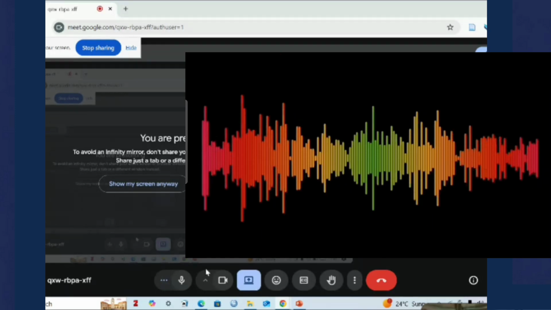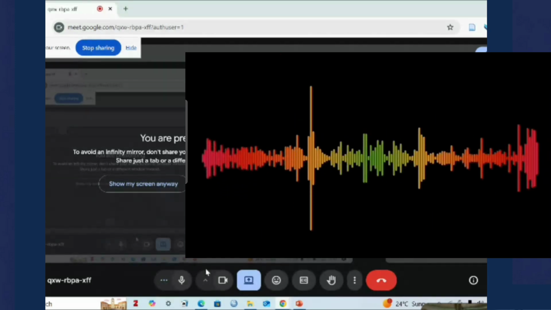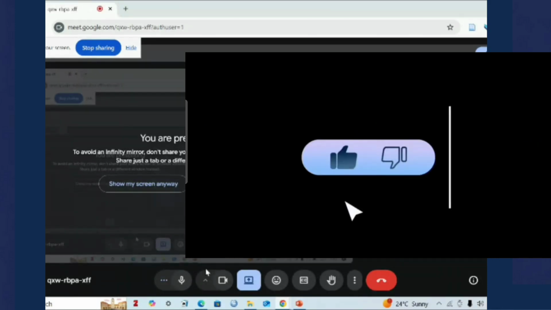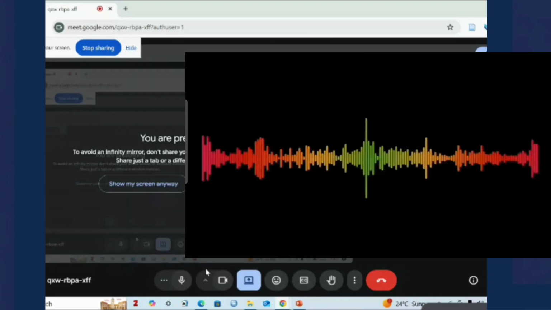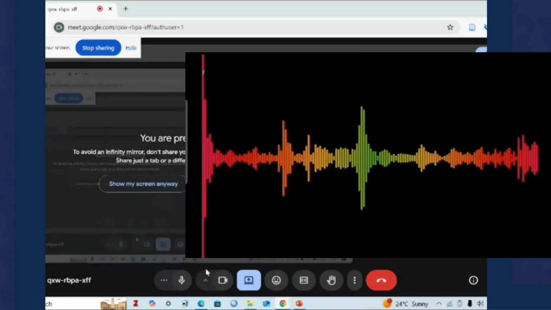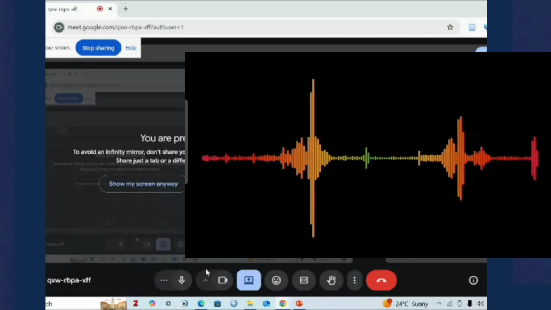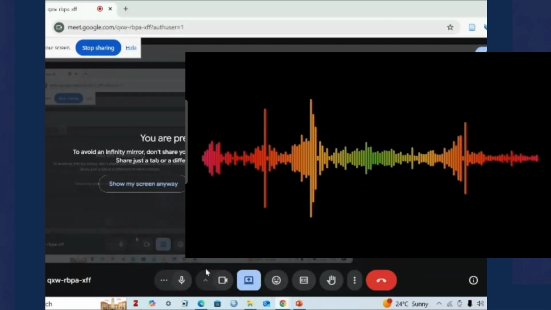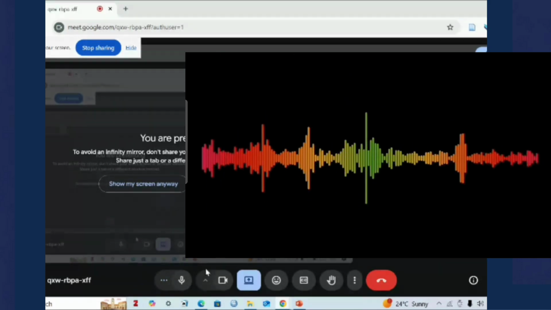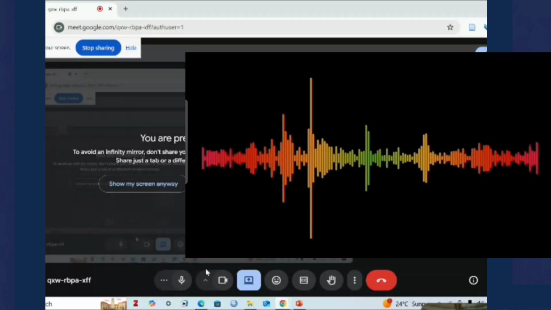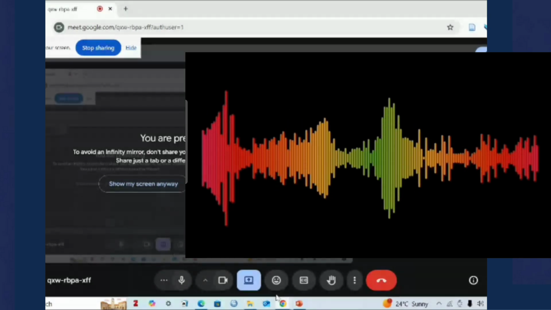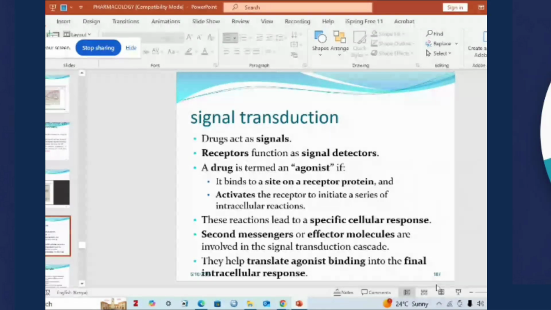Another: IP3. Okay. Calcium ions. The calcium calmodulin system, another. So the assumption is that those ones are with you, and that is all right.